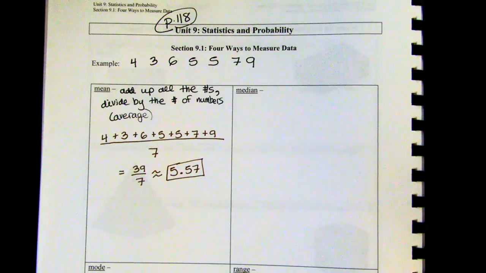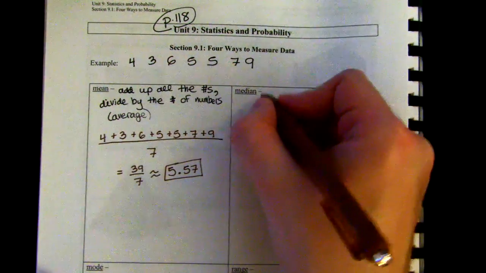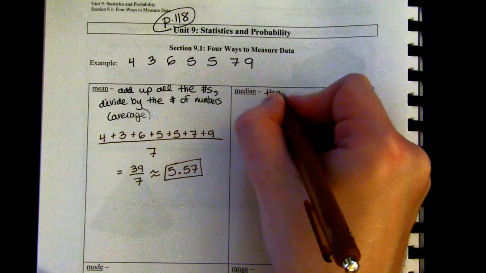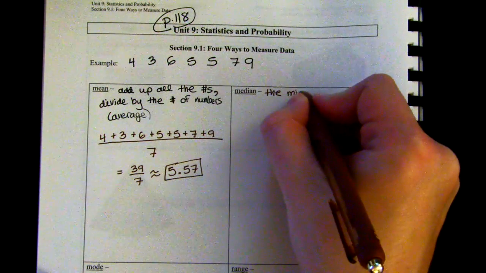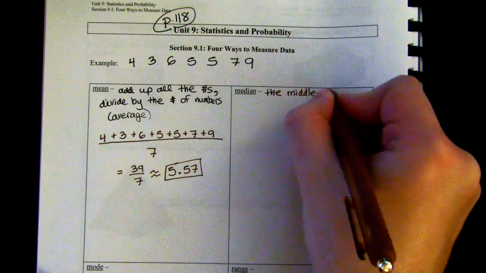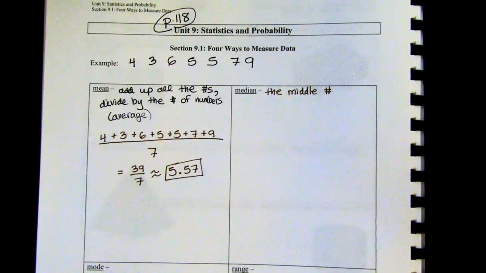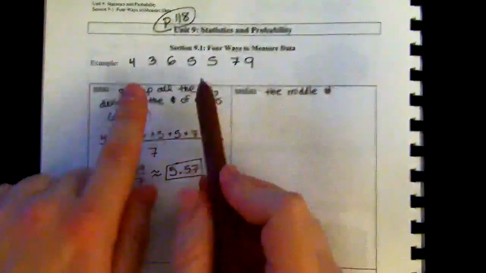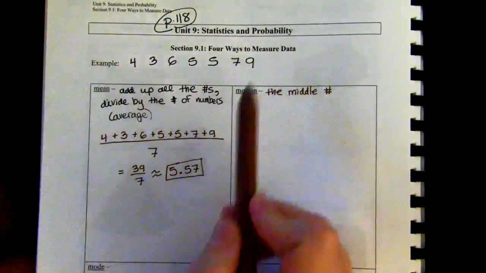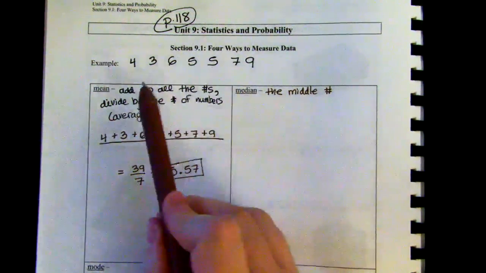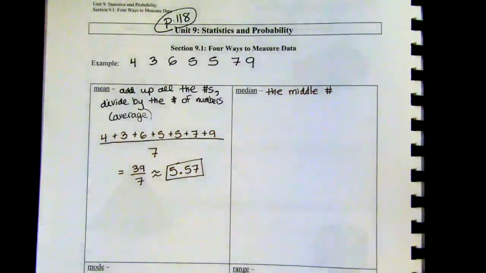The median means the middle number. However, the middle number of these would be different than if I mixed up the numbers and then found the middle number. So we always want to get the same answer.